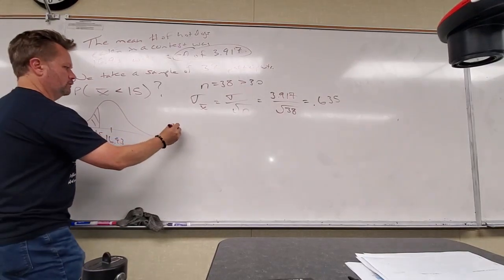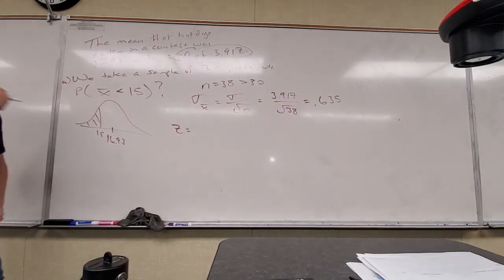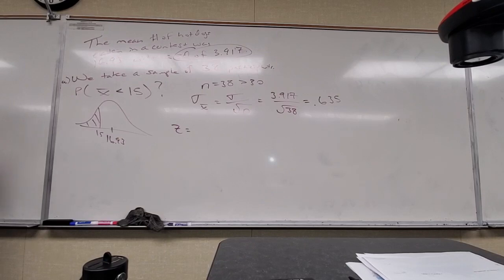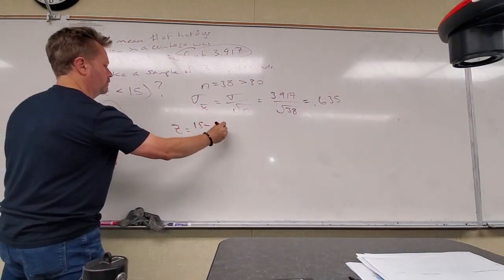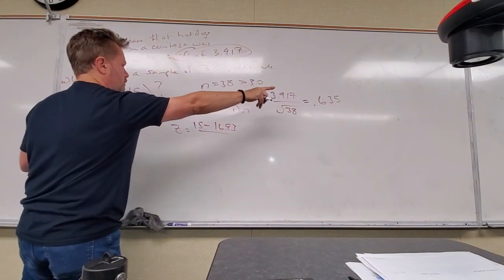Right? So now what would the z-score formula look like? What's our data point that we're interested in? 15. So our data point minus the middle divided by the spread.